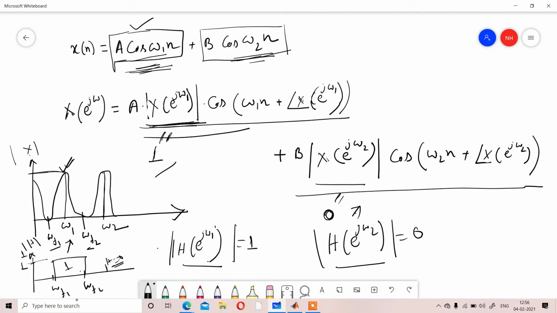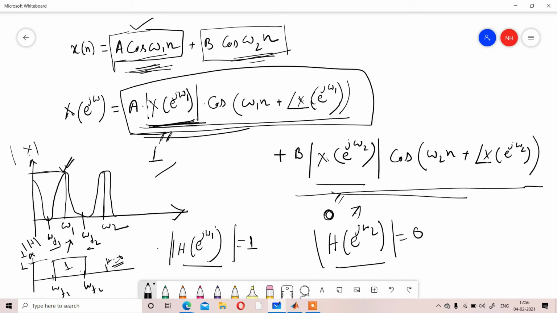So simply magnitude becoming 0. So x becoming 0, we multiply x and h. So if x becomes 0, all the sequence becomes 0. So only remaining part is what? That magnitude x e to the power j omega n, j omega 1. So only that signal remains by removing that signal.